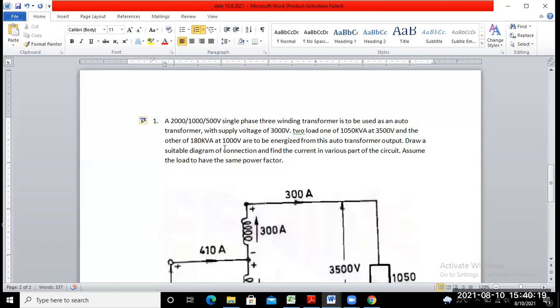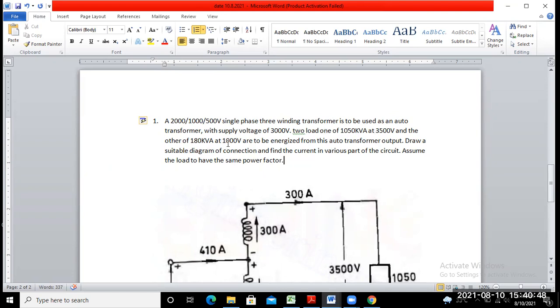So you just try to reconnect these 3 single phase windings as an auto transformer such that your supply voltage is 3000 volt, and the load terminals at the output of the auto transformer serve the two loads, 1050 kVA at 3500 volt and 180 kVA at 1000 volt.